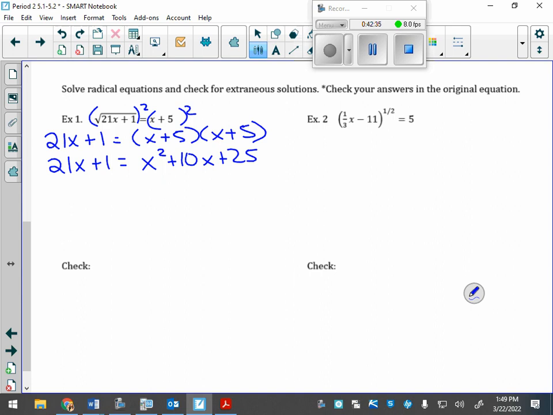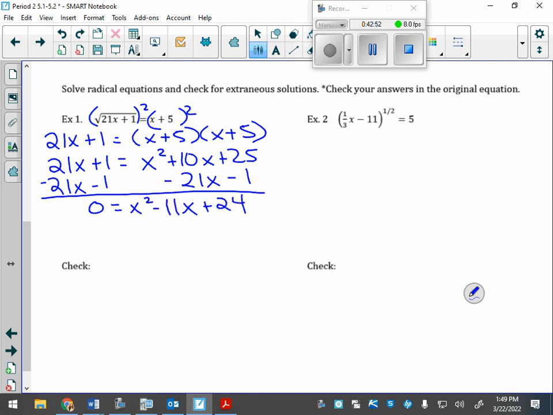We want to move everything to one side in order to factor. So we subtract 21x, subtract 1, because I like to keep my x squared positive. Okay. And I have x squared minus 11x plus 24.